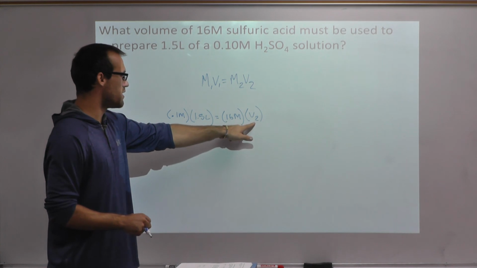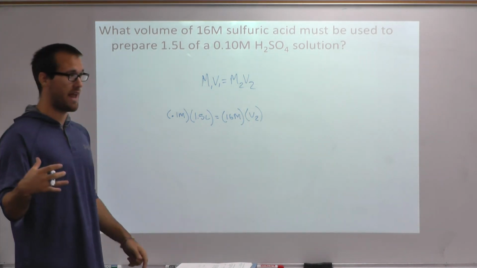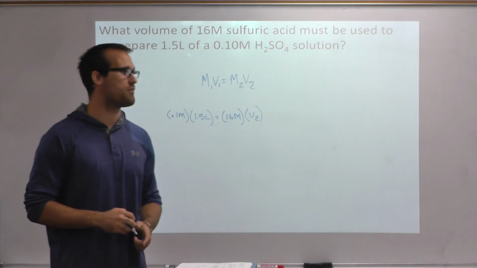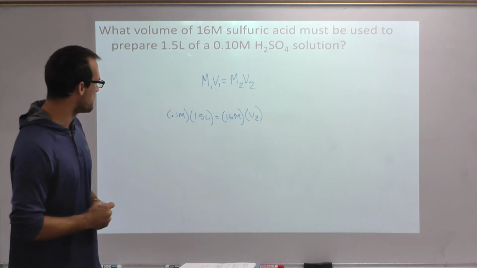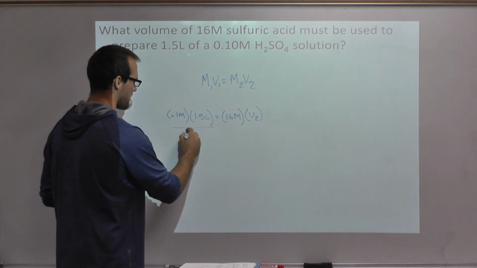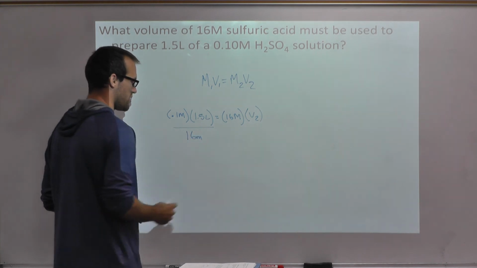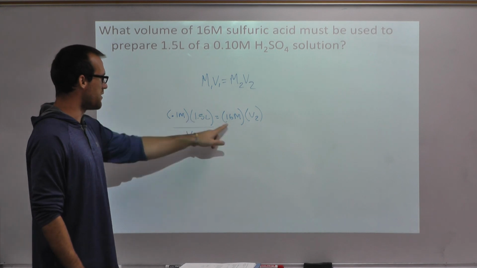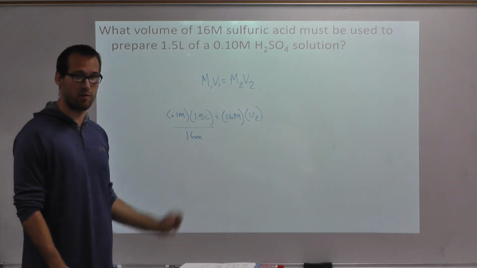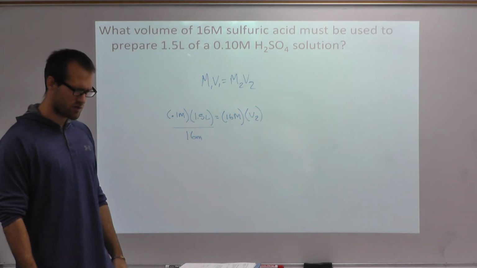How much volume of my stock solution would I have to pour in, and then I fill the rest up with water. So you would just divide by 16, and you should get a fairly small amount, which would make sense. If I want to dilute this down, I don't need a lot of this. The rest of it's just going to be water. So it should be a really small number.